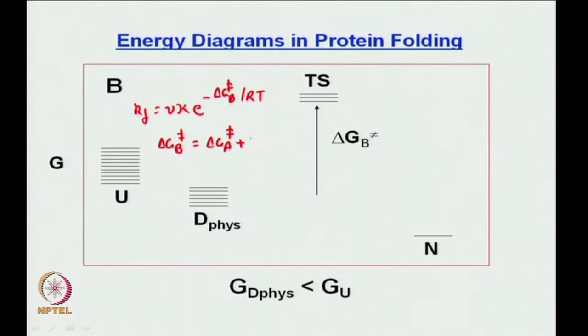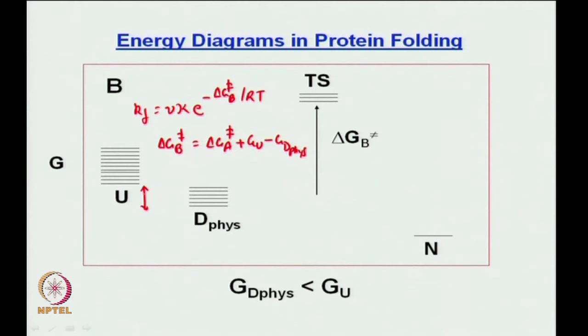Plus, can I write this, G_U minus G? Can I write this or not? See, this is by how much? It is stabilized. And what is this? This is essentially G_U minus G of D physiological, right. So, then what has happened to the barrier? The barrier has become larger.